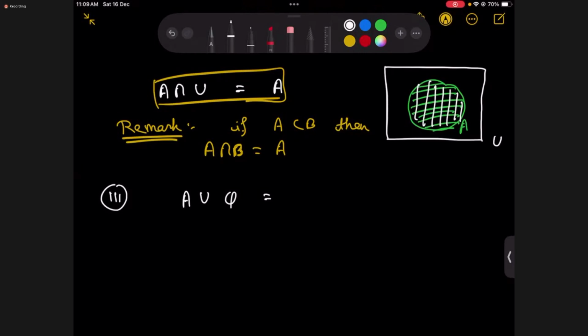There are no elements. So A union phi is equal to A. Similarly, what about A intersection phi? This is the collection of all elements which are common in A and phi. Phi contains no element, so there is no common element. So A intersection phi equals phi.